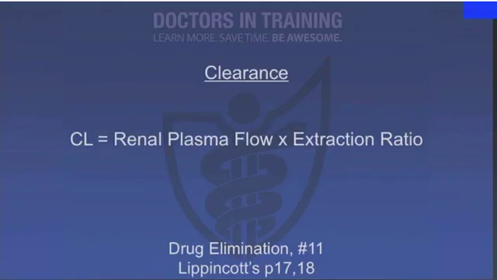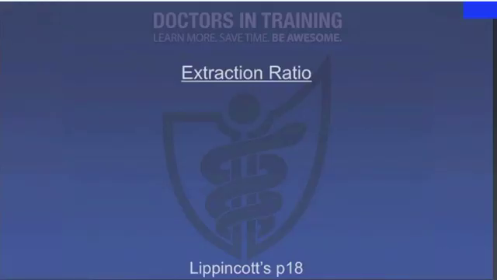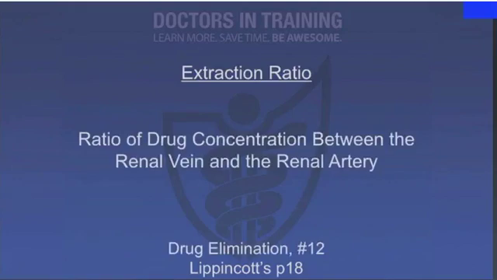And this is going to be variable from person to person, but it's fairly constant over time in a single person. So I may not have the same clearance that you do, but drug clearance for me for a specific drug should be about the same all the time, assuming no major changes in my health. So we mentioned extraction ratio. This is a ratio between the drug concentration in the renal vein and in the renal artery.